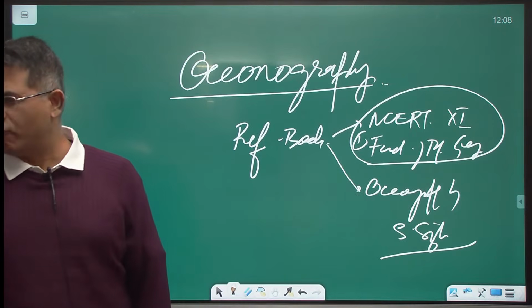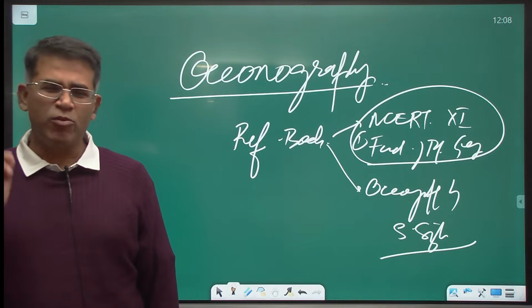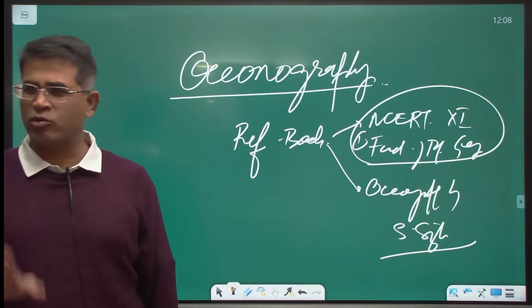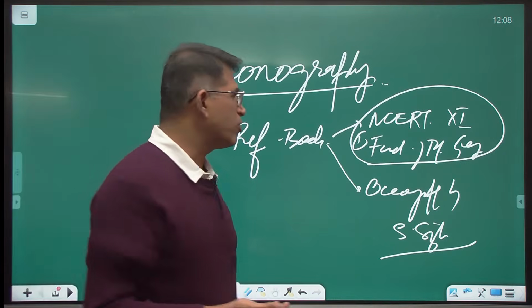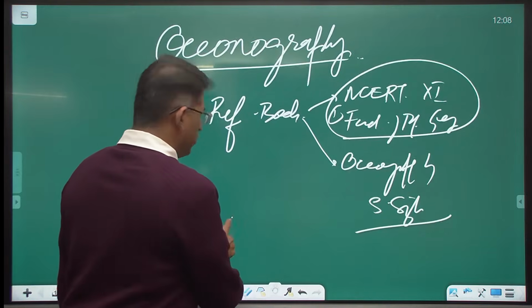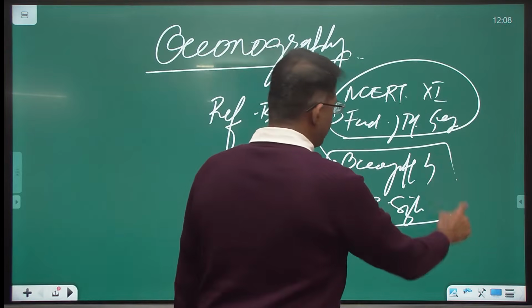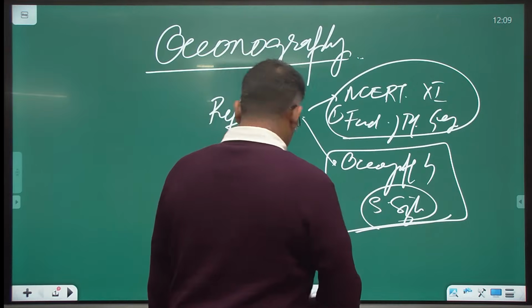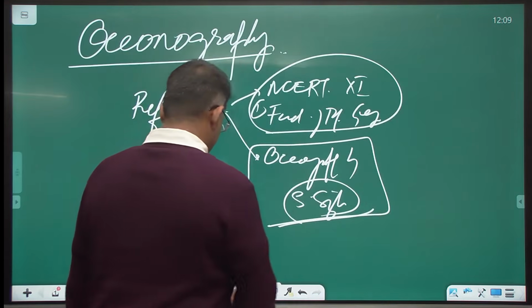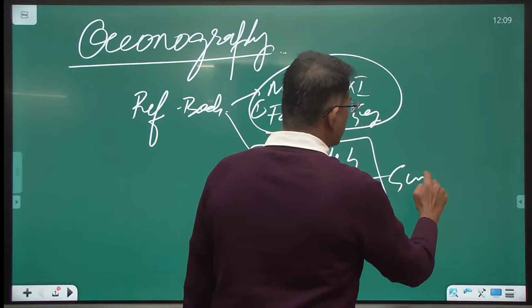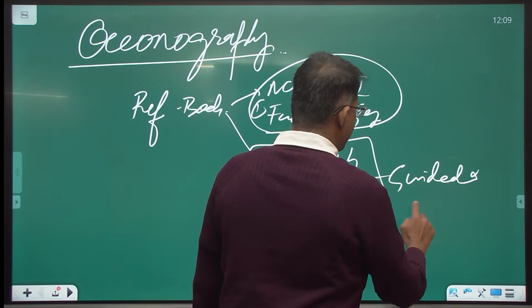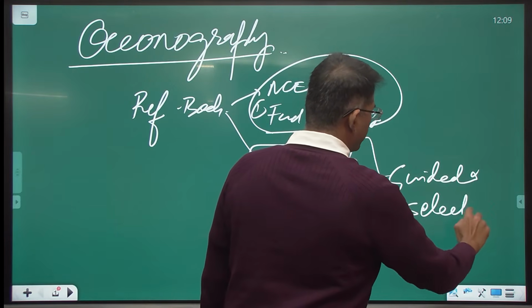Okay, NCERT class 11th, there are 3-4 chapters. You must read all those chapters on your own. Don't wait for me to tell that to you. And this book by Savindra Singh has to be guided. I'll tell you what to read, and this should be selective.